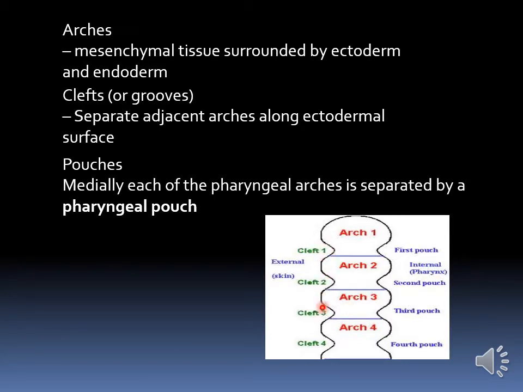This is the external surface. Whereas on the internal surface, the structures which meet the clefts are named the pouches. Each pouch meets a cleft. Also the numbers depend on the number of the previous arch. So this is the first pouch between 1 and 2, the second pouch between 2 and 3, and so on.